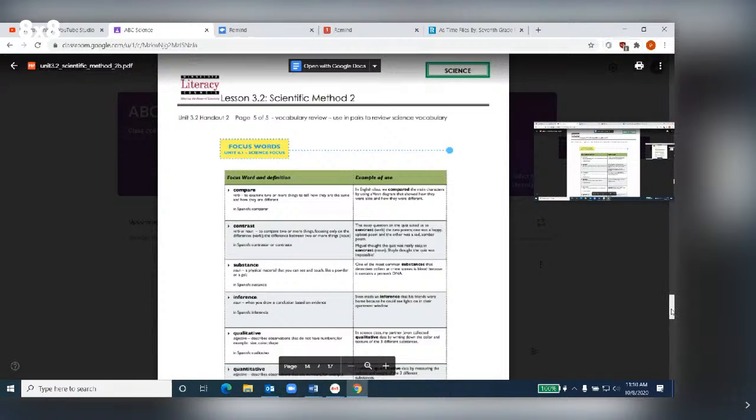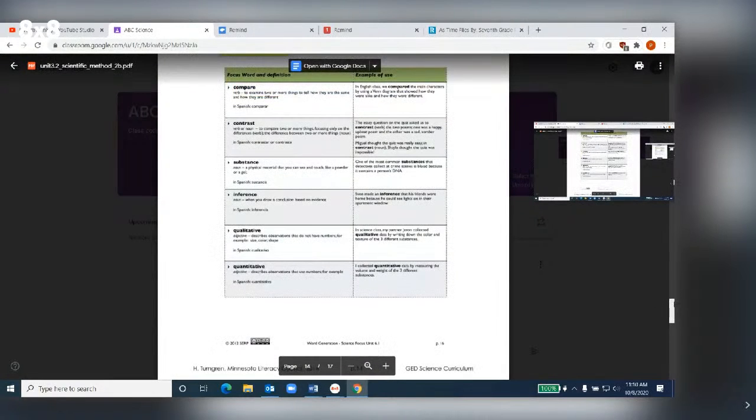Now here is qualitative. It describes observations that do not have numbers, for example, size, color, shape. In science class, my partner Jared collected qualitative data by writing down color and texture of three different substances. So, if you had like sugar, sand, and maybe dirt, okay, they're all going to be a little bit different in color.